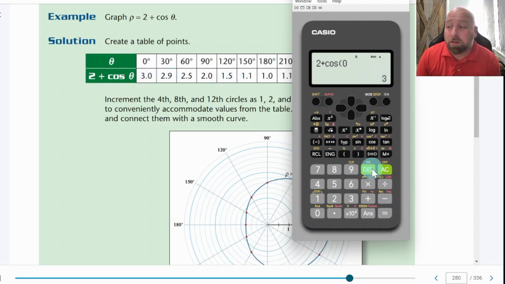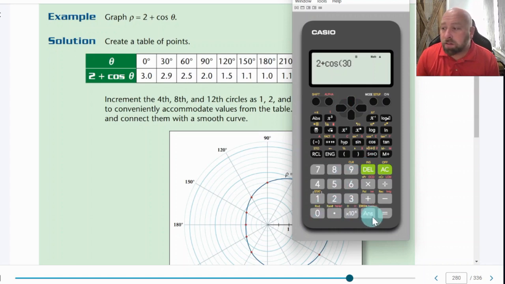That easy. I'm telling you, if you've got a calculator, you should be able to handle this, at least getting the values. It might be a little bit more challenging getting them onto the graph, again, if you were struggling with previous lessons. All right, so I'm just going to go back up here, delete that out, and go to 30 degrees.